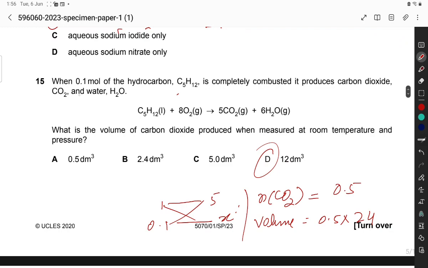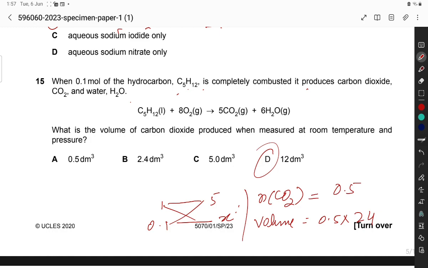Question number 15. When 0.1 mole of hydrocarbon C5H12 is completely combusted, it produces carbon dioxide and water. C5H12 plus 8O2 gives 5CO2 plus 6H2O. What is the volume of carbon dioxide produced when measured at room temperature and pressure?